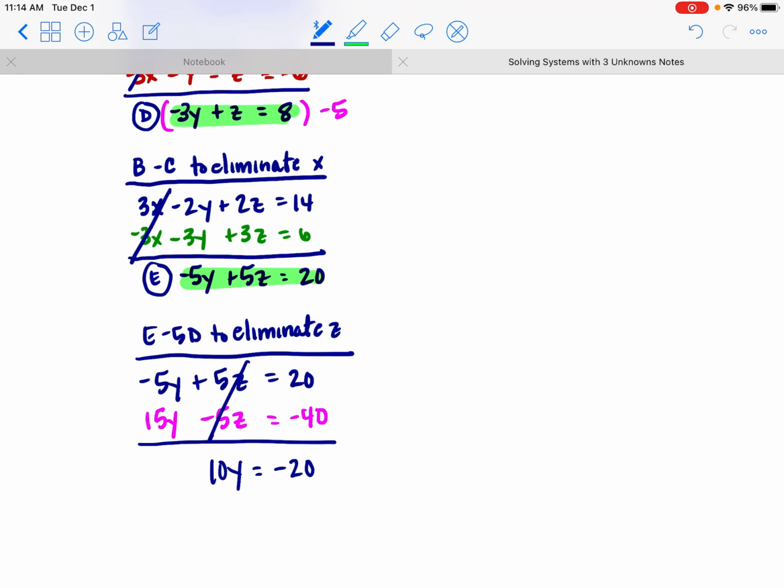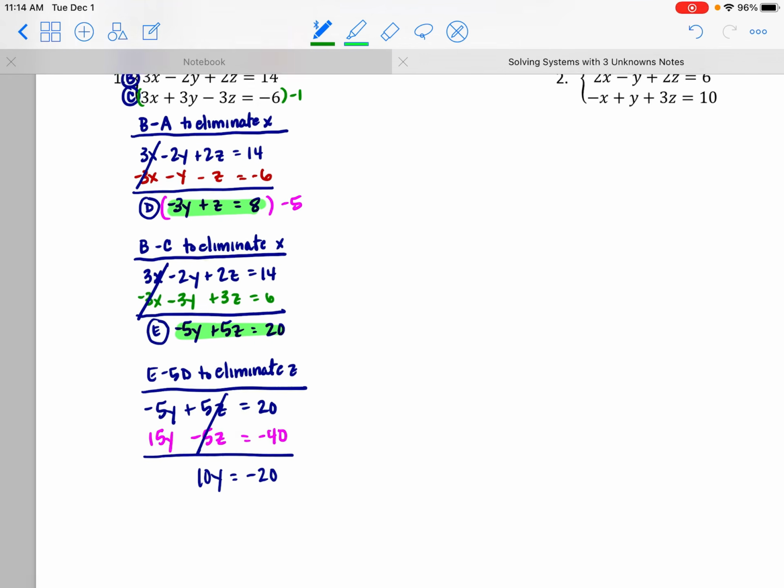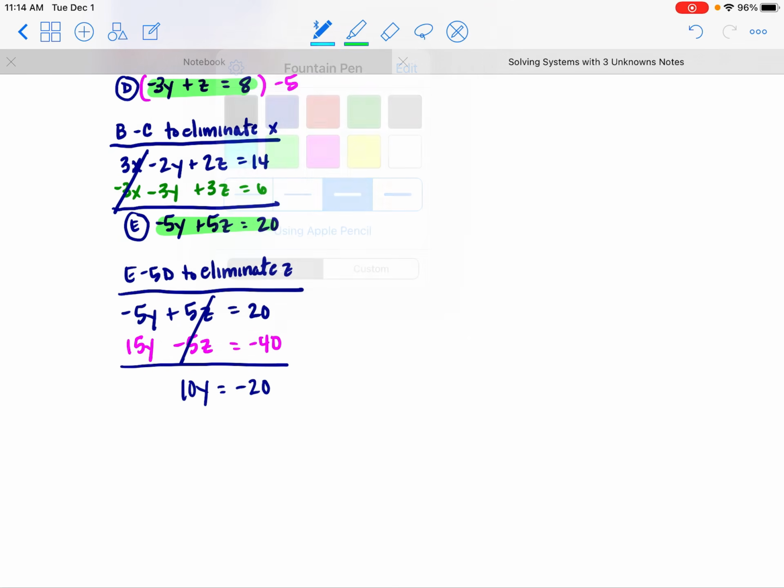And now I'm down to one equation, one variable. So now I can solve for the one variable and use back substitution to finish this out. If I divide both sides by 10, y is going to equal negative 2.